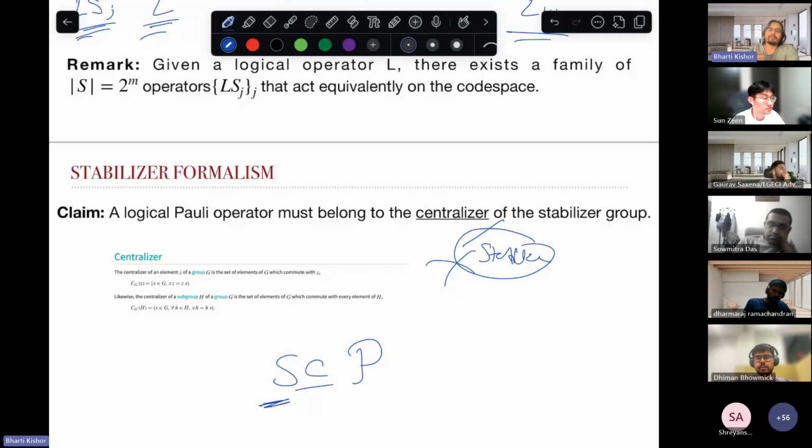To get rid of that, we look at the centralizer of the stabilizer group minus the stabilizer group. And all Pauli operators which belong there, you call a logical Pauli operator. I hope this definition makes sense.